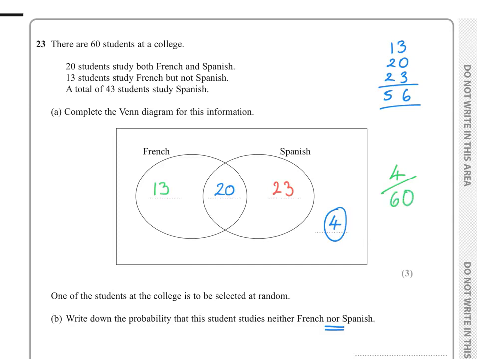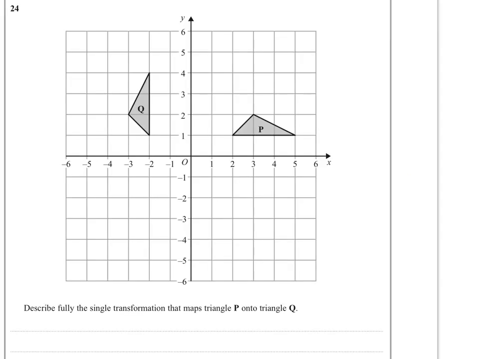And cancel that down. I don't think you'd have to. I think that would be fine, but you could cancel it to 2 out of 30 or 1 in 15. But I think 4 out of 60 gives you a little bit more of a feel for what's going on in the question.